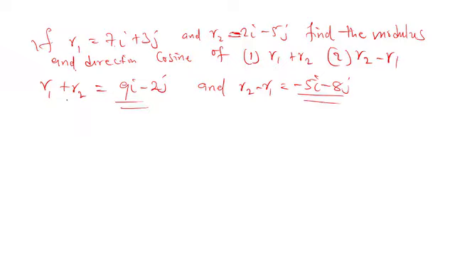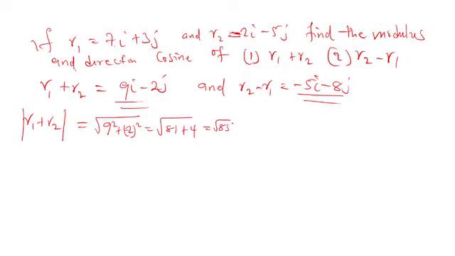Now let's get the modulus of r1 plus r2. It is equal to the square root of 9 squared plus minus 2 all squared, which is the square root of 81 plus 4, which is the square root of 85.